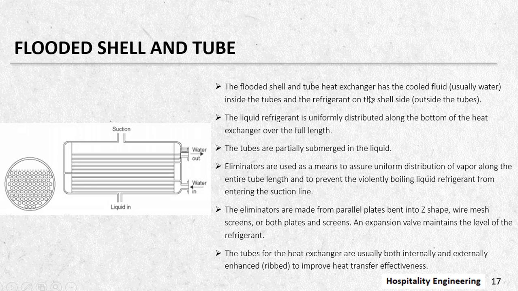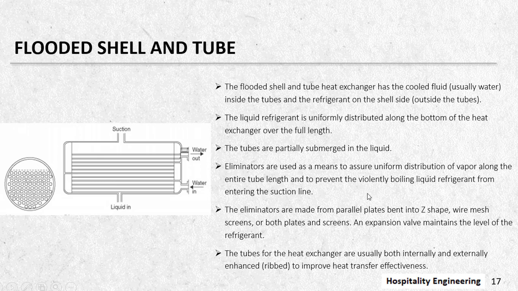The flooded shell and tube heat exchanger has the cooled fluid inside the tubes and the refrigerant on the shell side. The liquid refrigerant is uniformly distributed along the bottom of the heat exchanger over the full length. The tubes are partially submerged in the liquid.